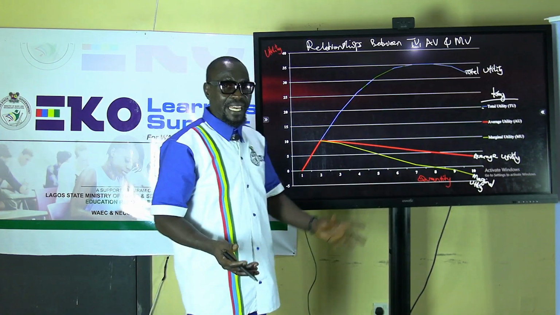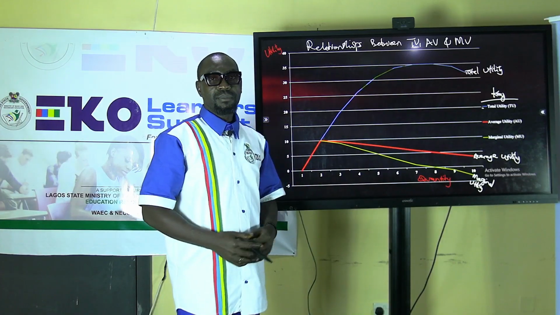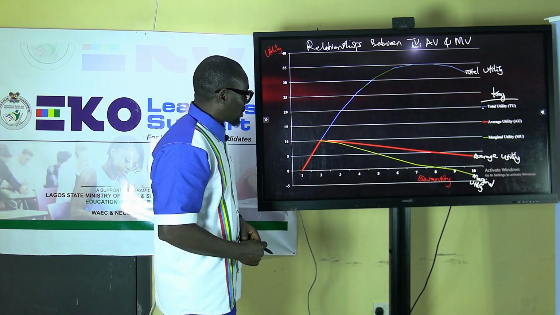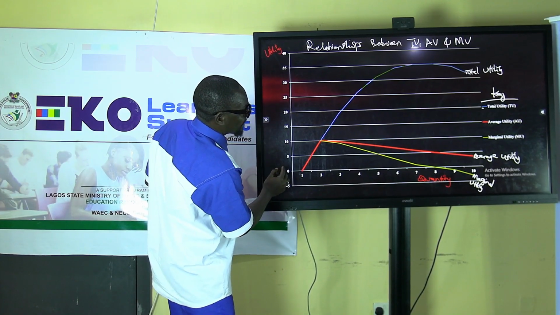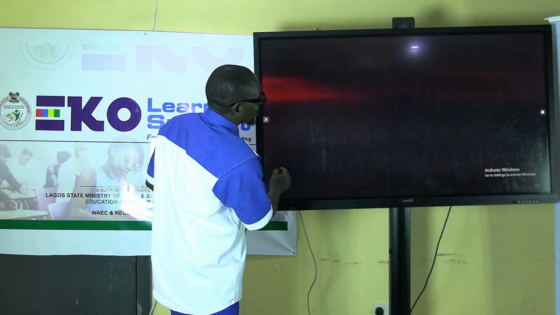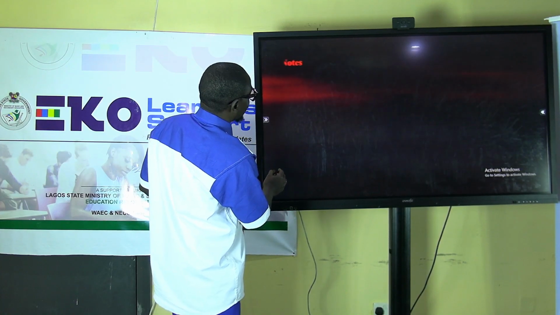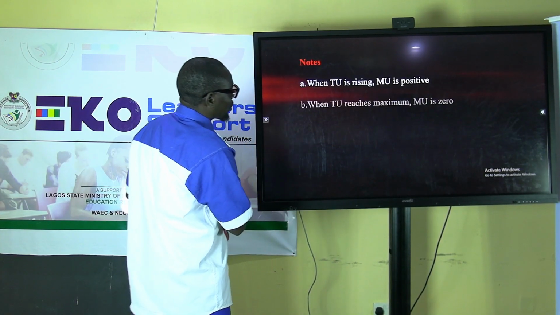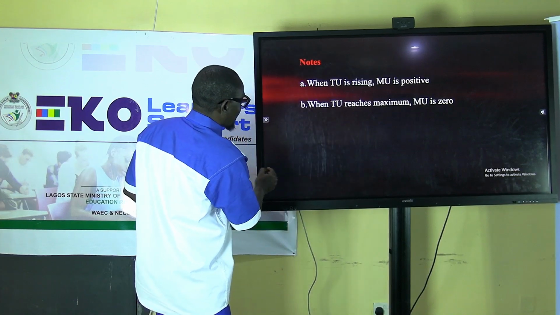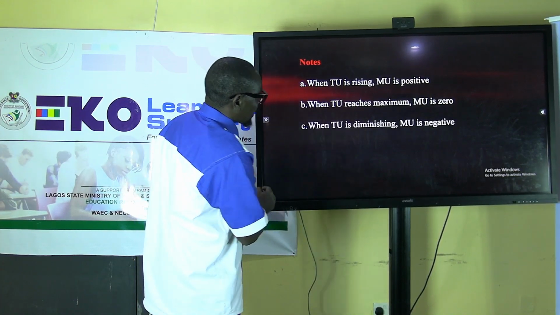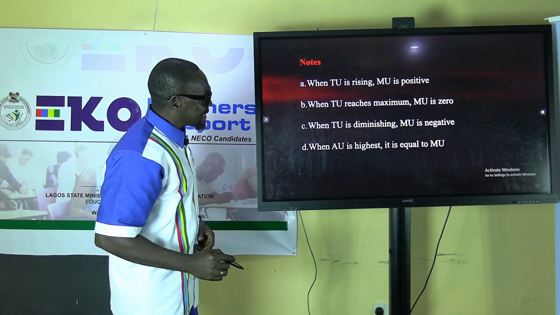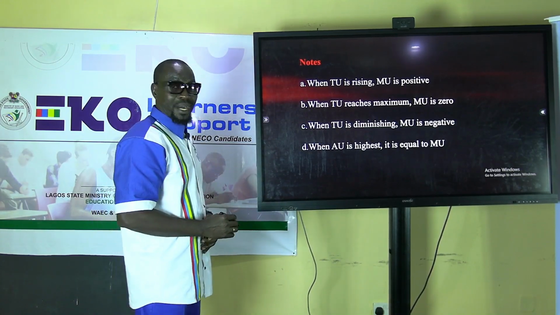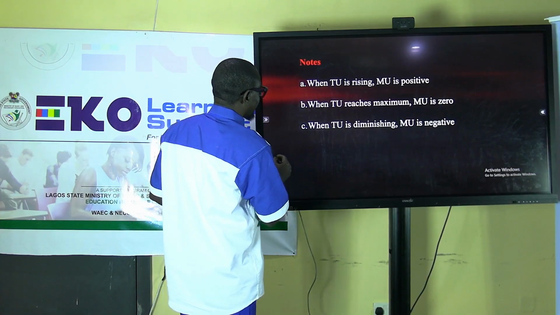And when it becomes negative, total utility begins to fall. We can also see, in addition to that, when average utility is highest, it is equal to marginal utility.